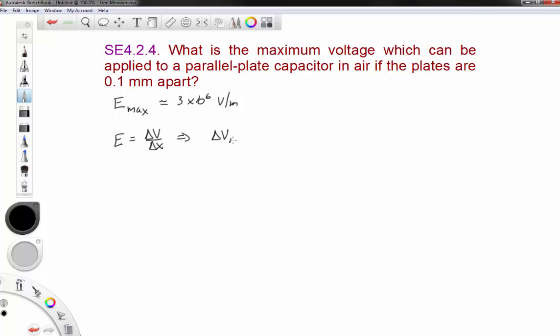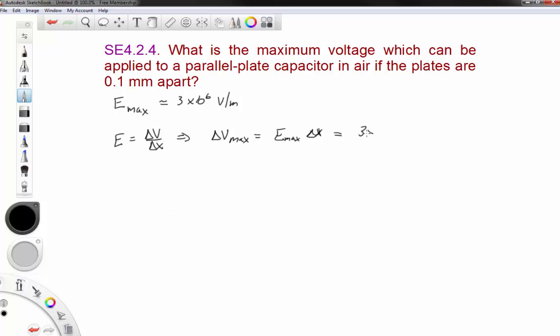So delta V max is equal to E max times delta X. In other words, the maximum voltage between the two is given by the dielectric strength of the air times the separation between the two plates.